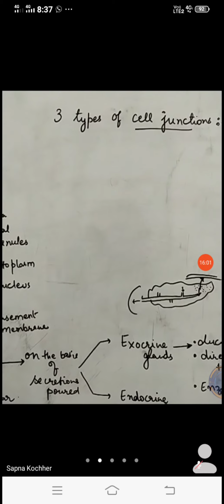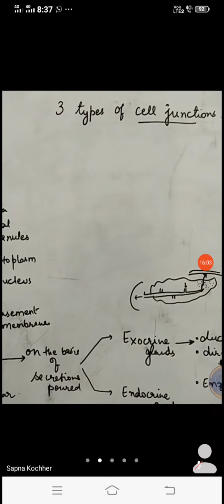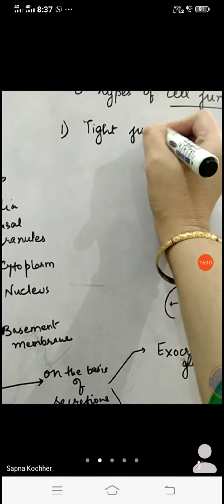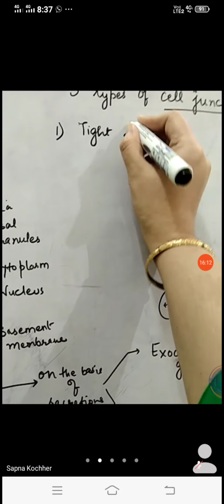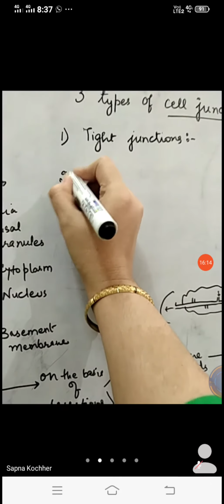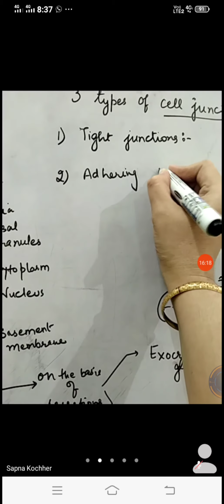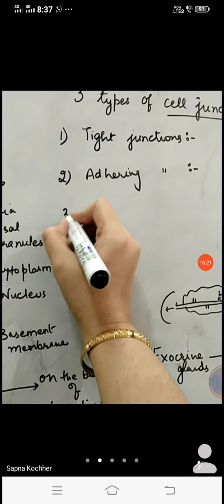The 3 types are, number 1, tight junctions, second, adhering junctions, and the third, gap junctions.